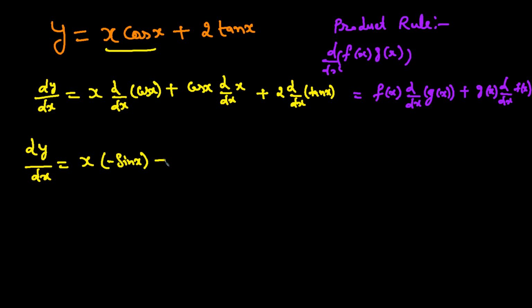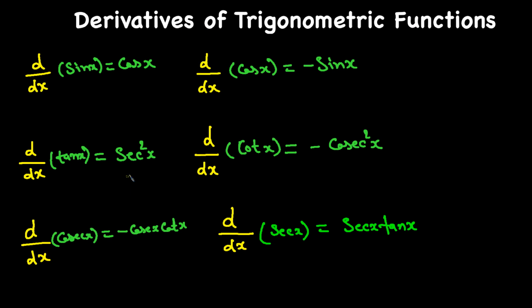Plus cosine x times dx over dx, which gives us 1, plus 2 times the derivative of tangent x, which is secant square x. Okay, so that's our answer. So we solved one problem. I'm going to show you this one again: the derivative of tangent x is secant square x.